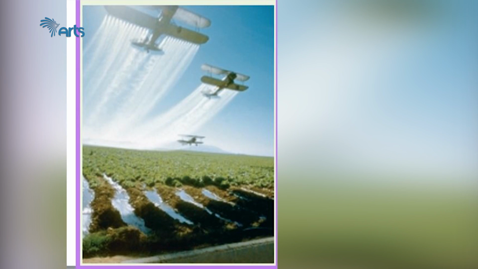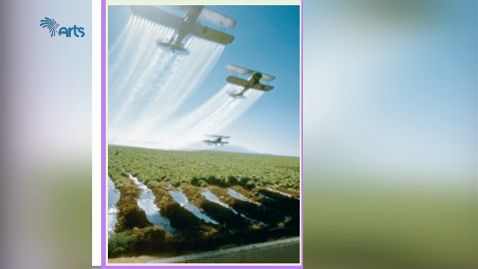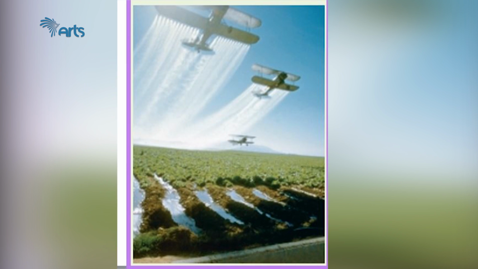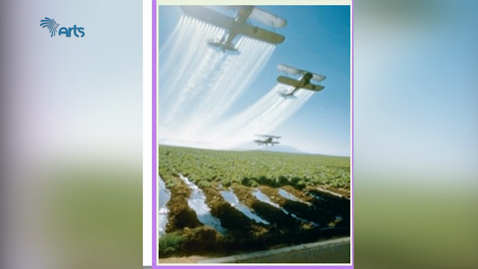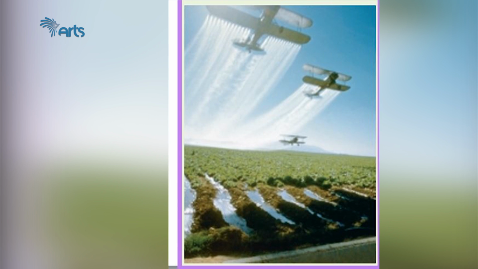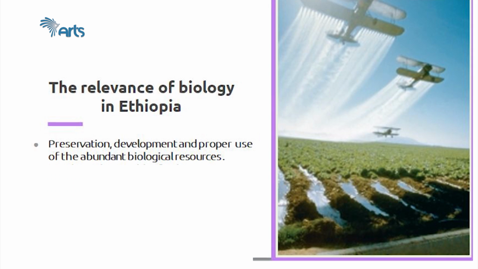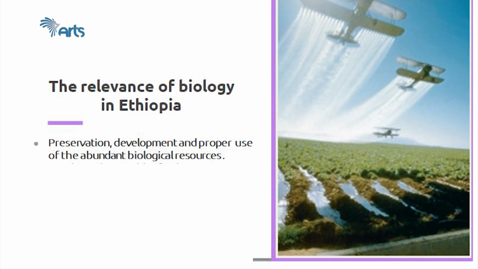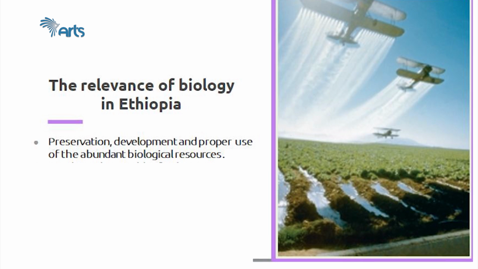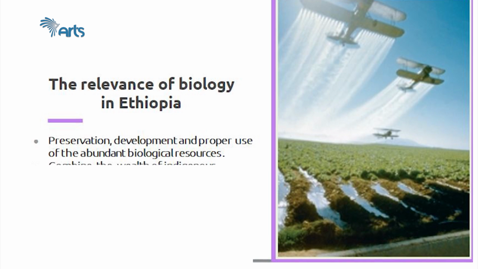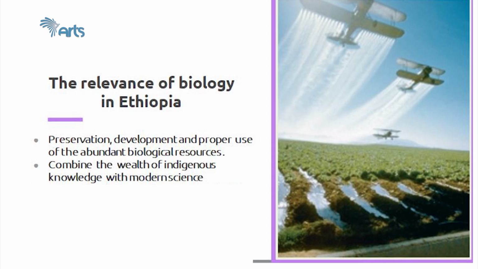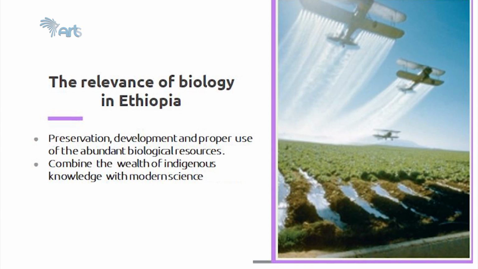Another important thing is the relevance of biology in Ethiopia. With regard to our country, biologists and any layperson must have biological literacy. They understand the preservation, development, and properties of the abundant biological resources. So biology has a relevance to Ethiopia, to our country. Biology also has a relevance in combining indigenous knowledge with modern knowledge.